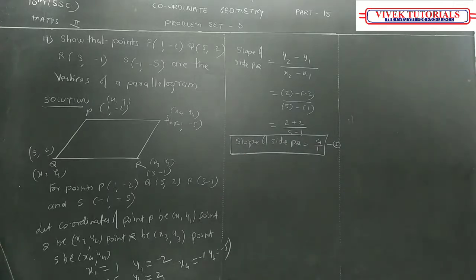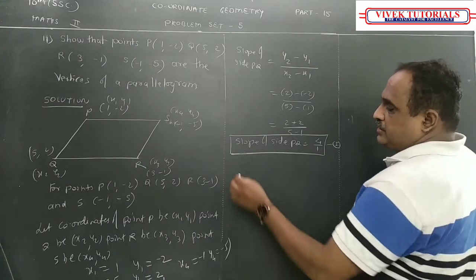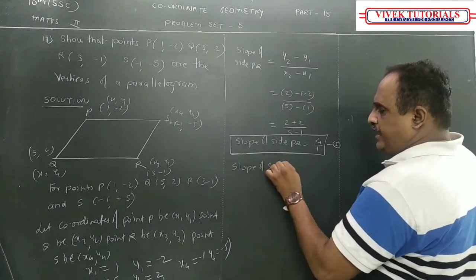Once we got the slope of line PQ, we can find that of side QR. So we find out the slope of side QR.